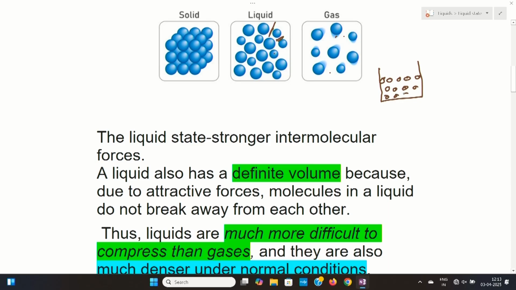Here there is a lot of empty space between the molecules, and when we look into liquids, there is a surface. But if we look into gases, there is a lot of space between the molecules and there is no surface. If we pour a gas in a bottle, the gas will fully occupy the bottle.